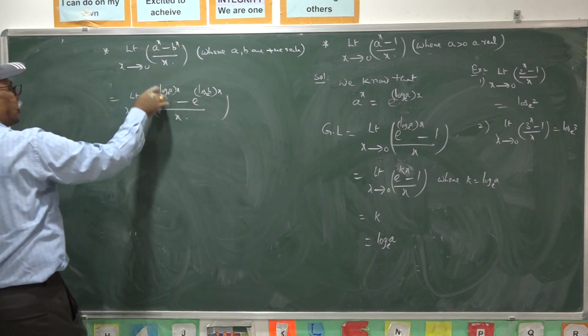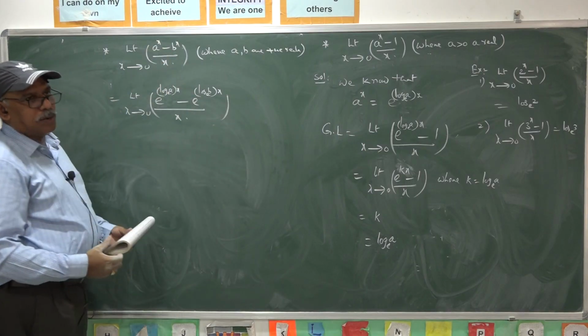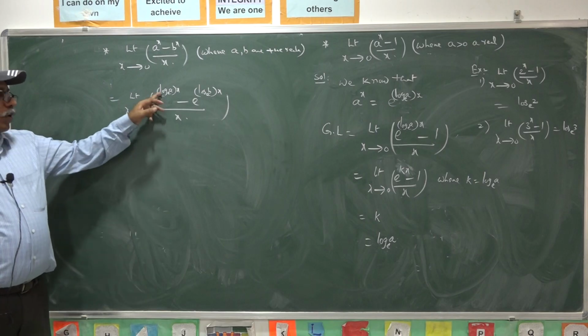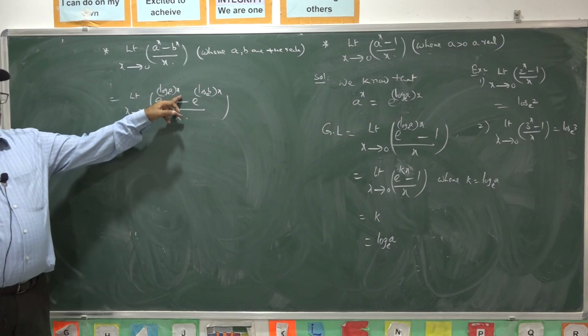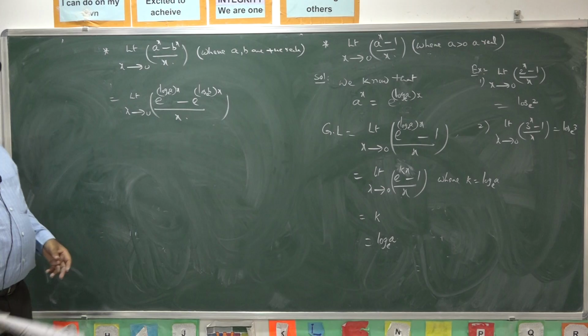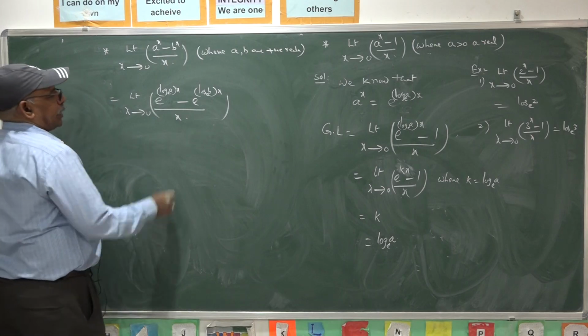Once you change a^x to e power form, that is nothing but e^(log a · x) minus e^(log b · x), divided by x.